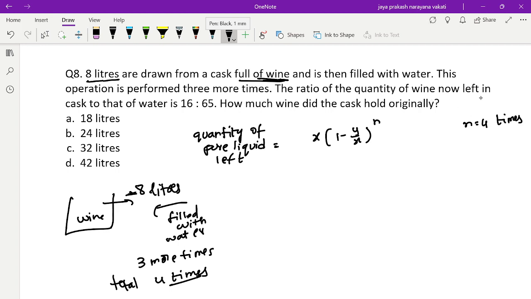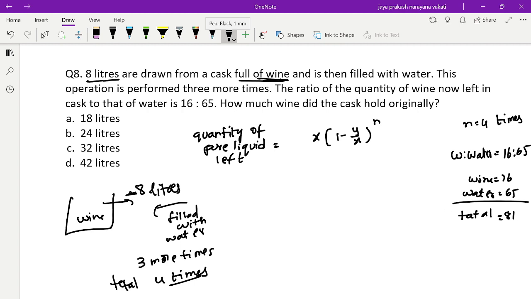Then the ratio of wine now left in the cask to that of water, wine to water, is given as 16 is to 65. So if wine is 16, water is 65, and the total liquid will be 16 plus 65, which is 81.